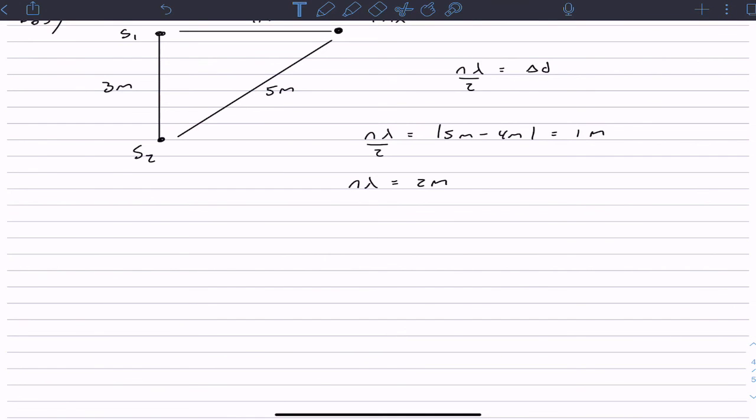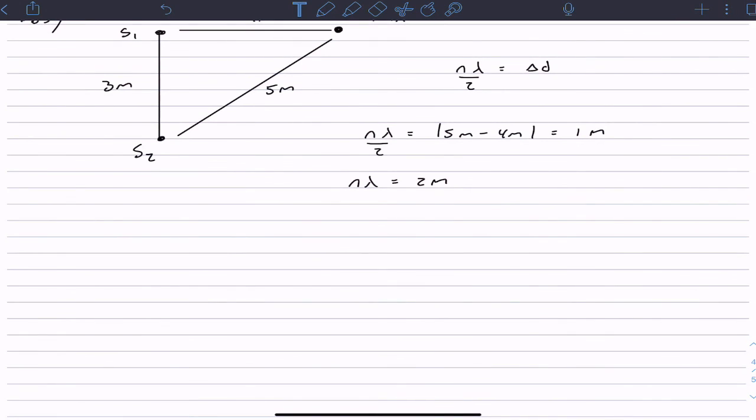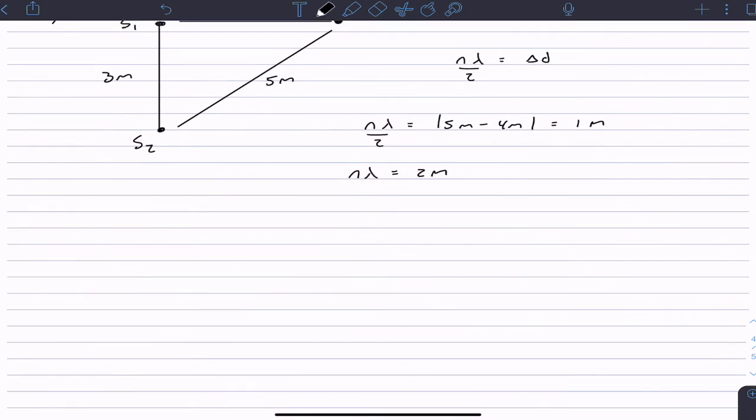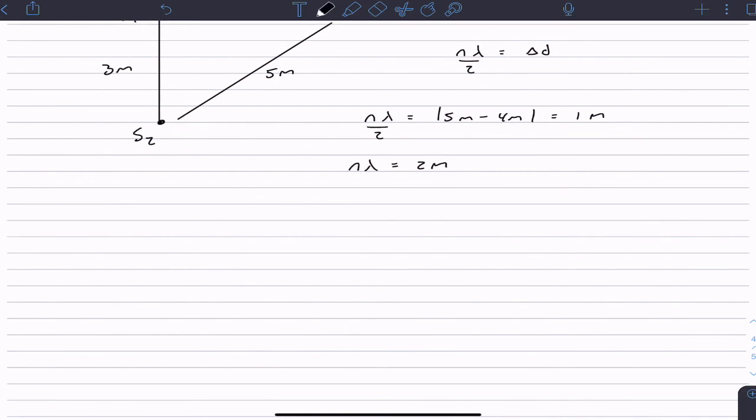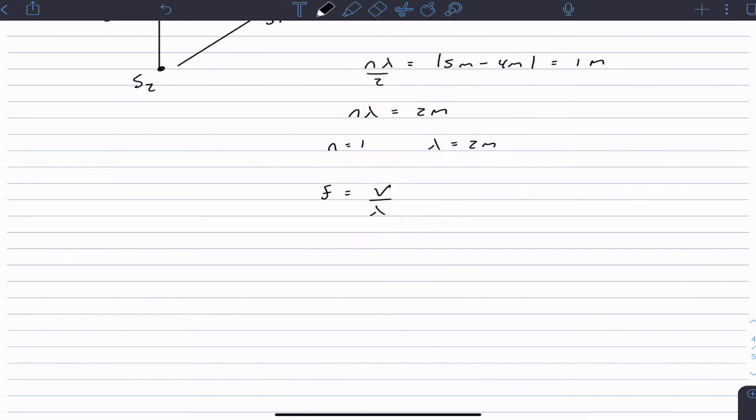And then what we have to do is we just have to plug in for n, right? And then see what we get. So now if we take n to be 1, then lambda is still 2 meters. So let's try this now. We know the relationship between the speed of sound and the wavelength, which is 2 meters. The speed of sound is 340 meters per second. The wavelength is 2 meters.